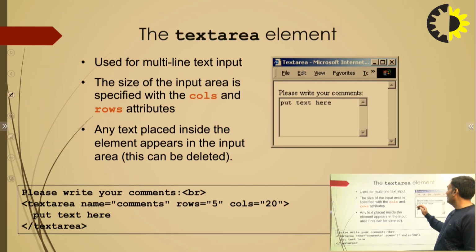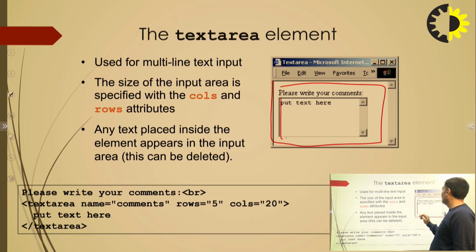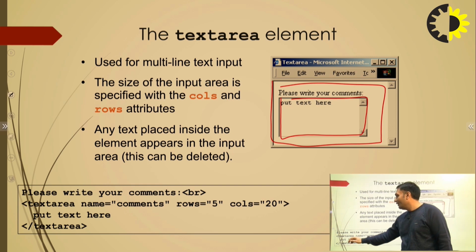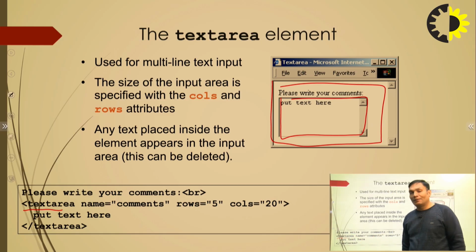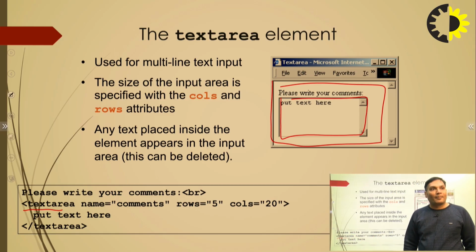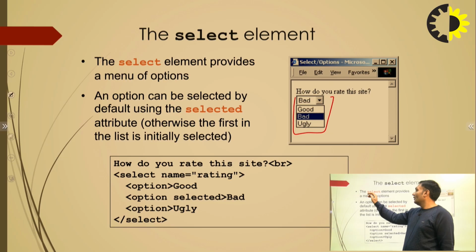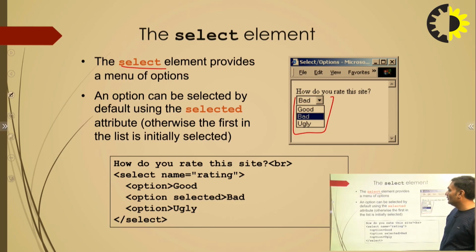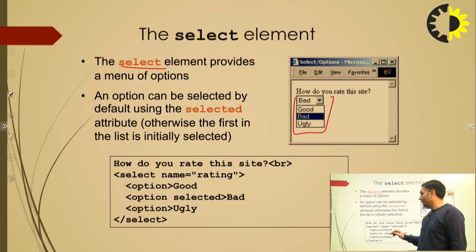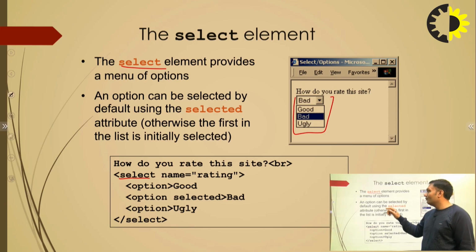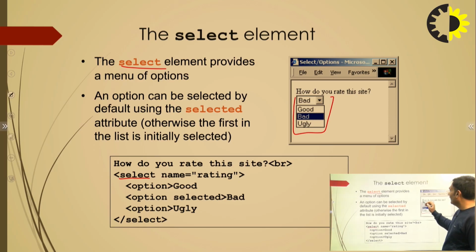We can make larger text with textarea, or we can use textarea as a separate element. Now, if we want to create a drop down, then we can use select or input type equal to select. So select can be an element or input type equal to select can be a possible value to create this drop down.